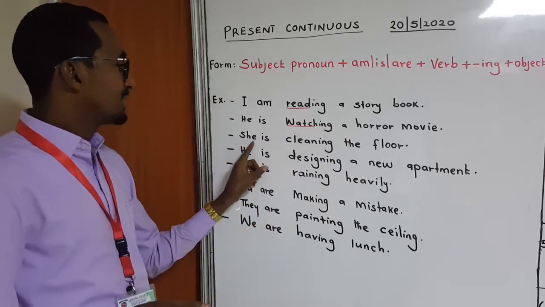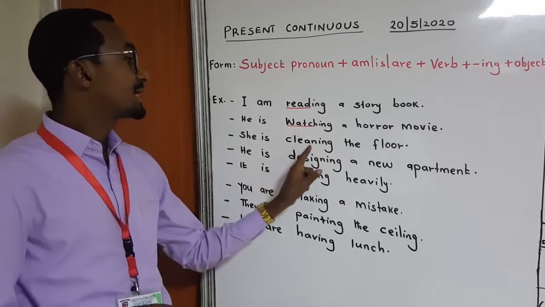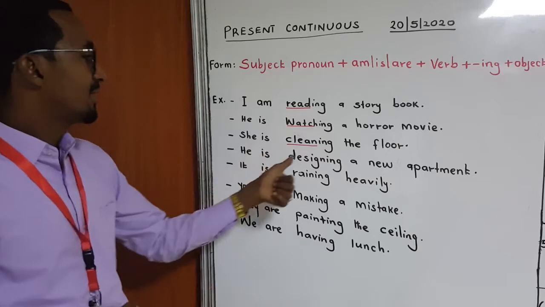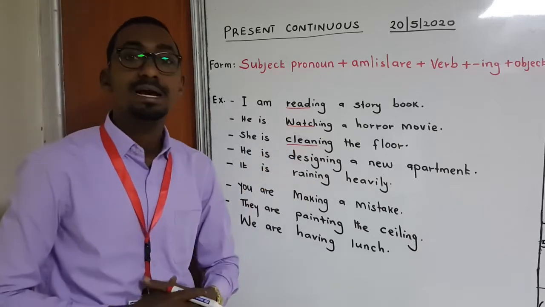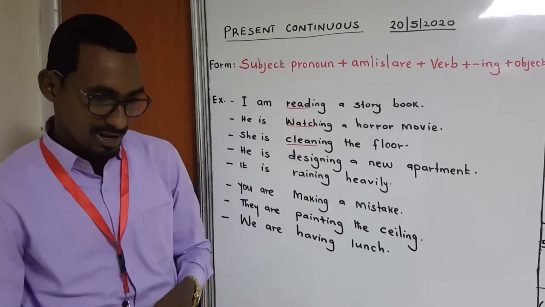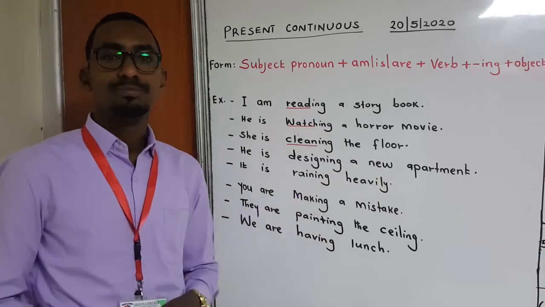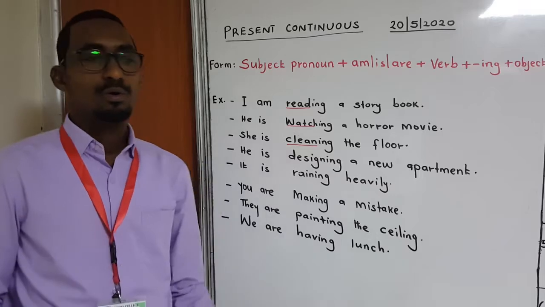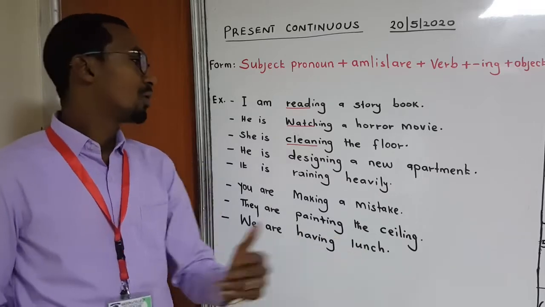Number three. She is cleaning. This is the verb. She will take is, and then here we have cleaning. She's cleaning the floor.